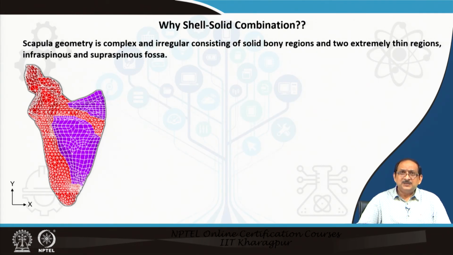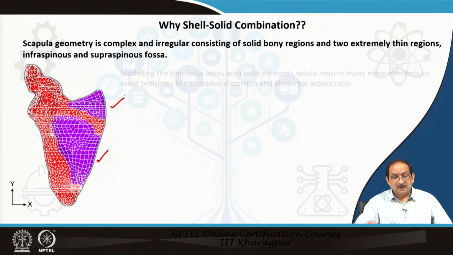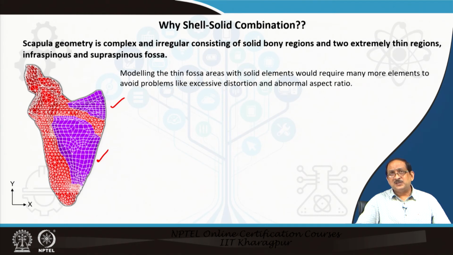Now, the question is why we are choosing a shell solid combination. Scapular geometry is complex and irregular, consisting of solid bony regions and 2 extremely thin regions, the infraspinous and supraspinous fossa. Modeling the thin fossa areas with solid elements would require many more elements to avoid problems like excessive distortion and abnormal aspect ratio.